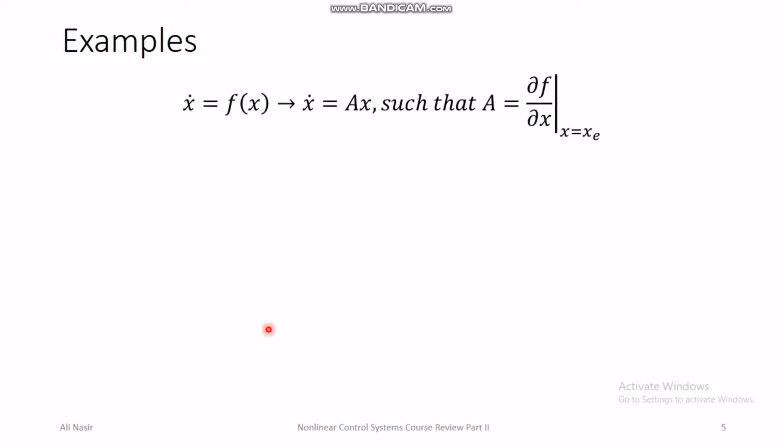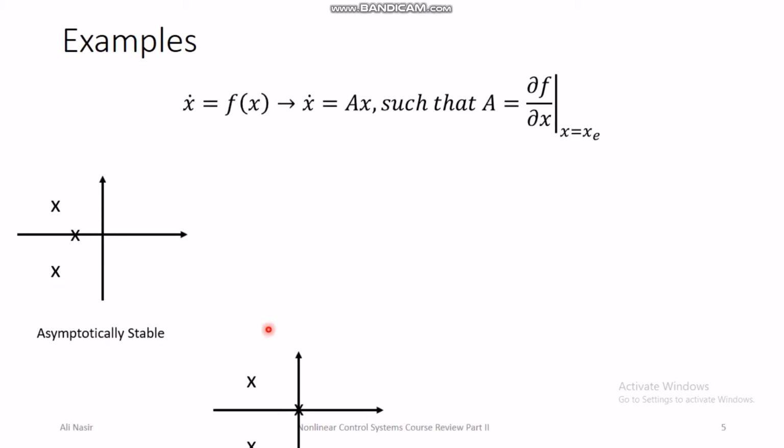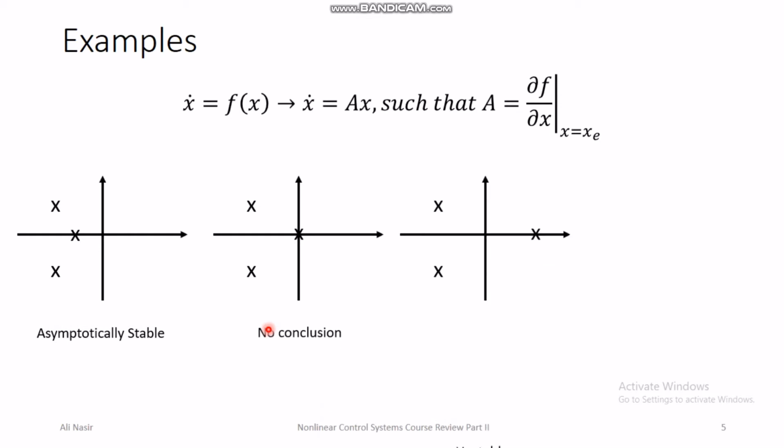Next we looked at some graphical illustrations of the places where eigenvalues could be and the corresponding conclusions about the equilibrium point of the original nonlinear system.